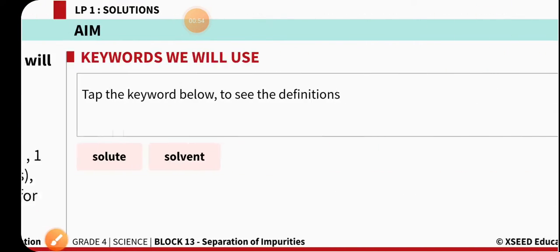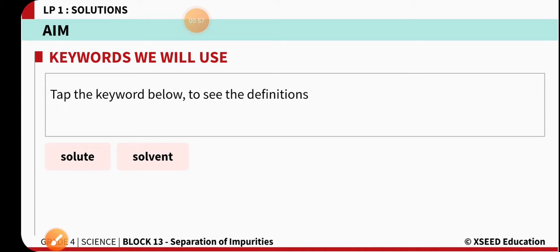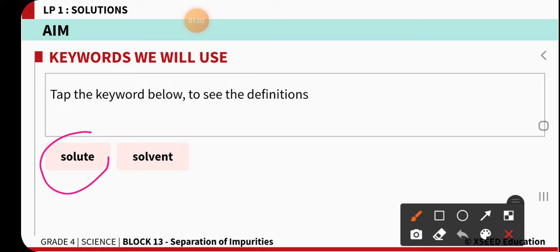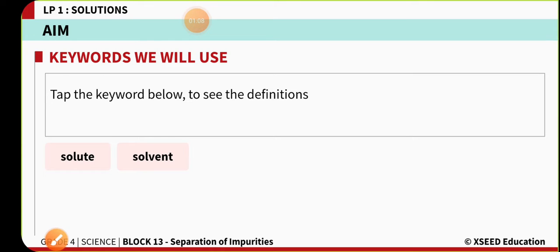In today's class, we are going to learn some keywords. The first one is solute and the second keyword is solvent. So what is a solute?